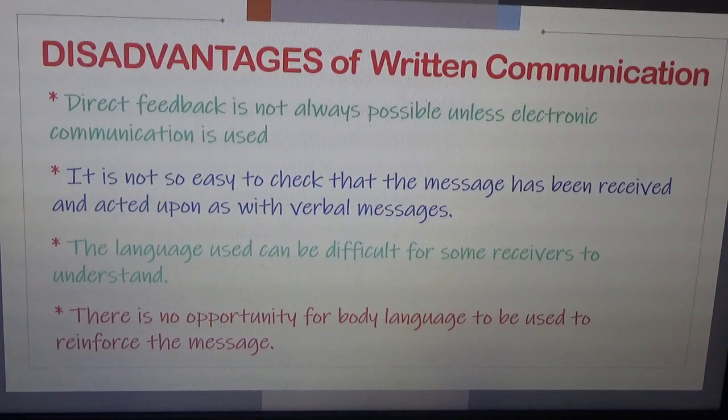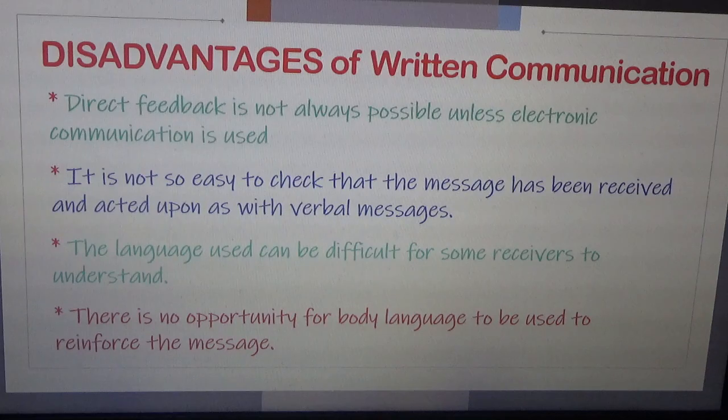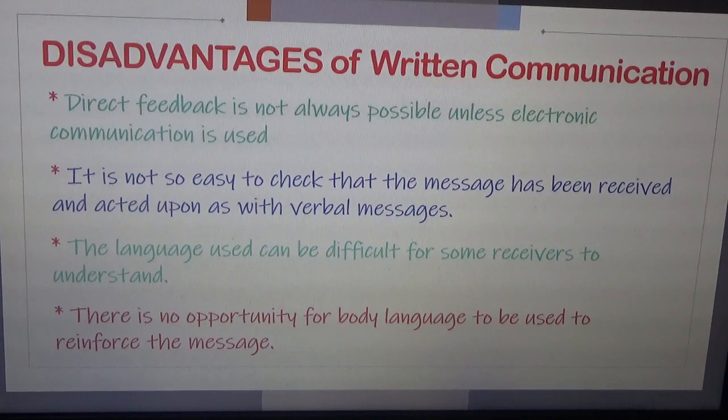With written messages in other forms, two-way communication is difficult. The next disadvantage is that it's not so easy to check that the message has been received and acted upon as with verbal messages. Although this can be done with email, as a please acknowledge function can be set up.